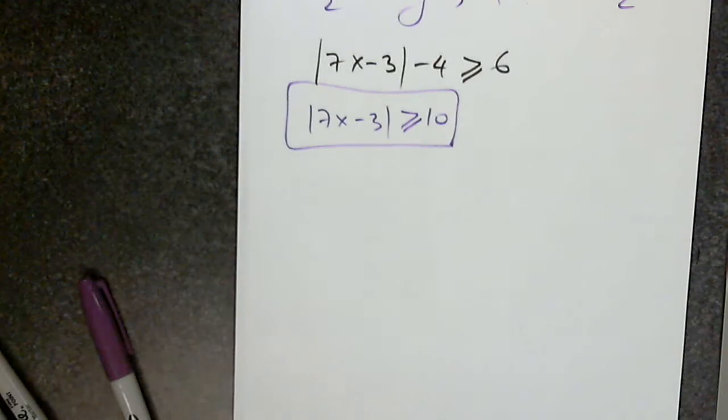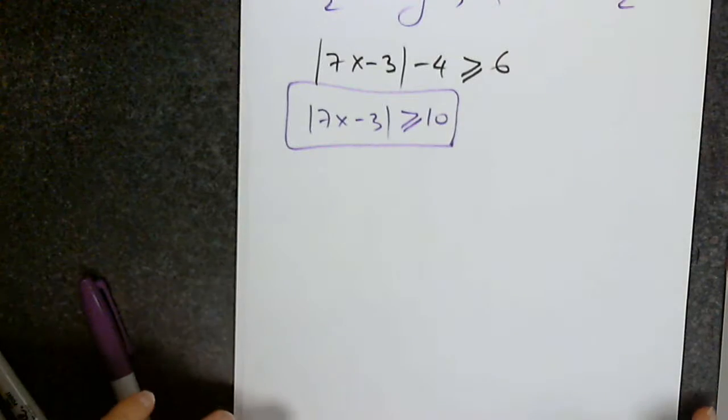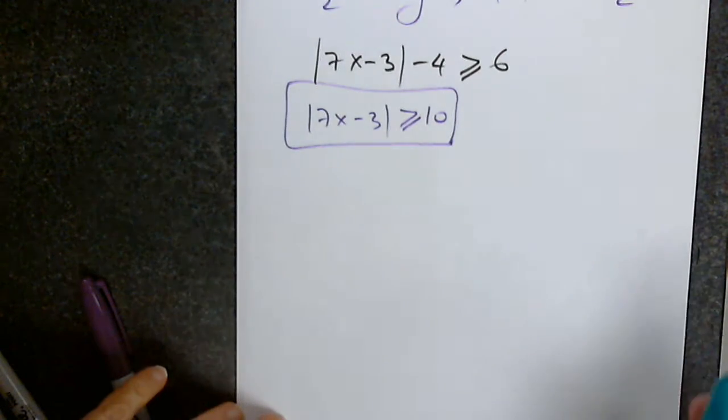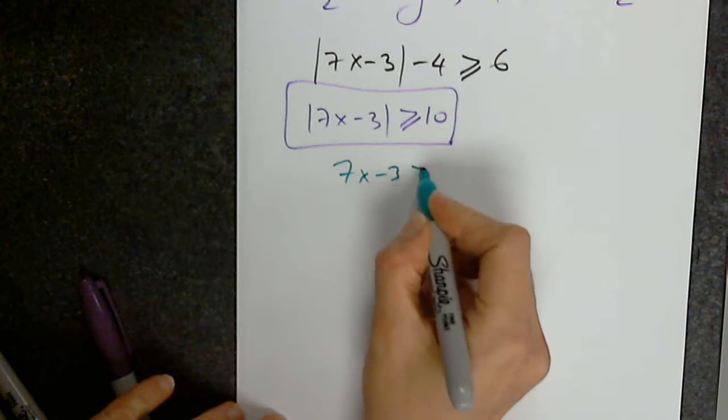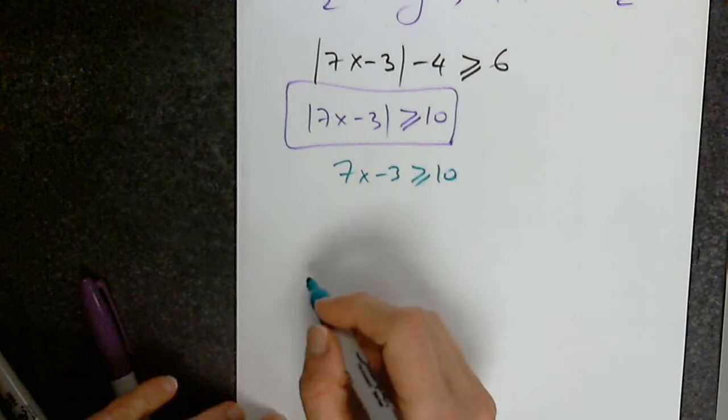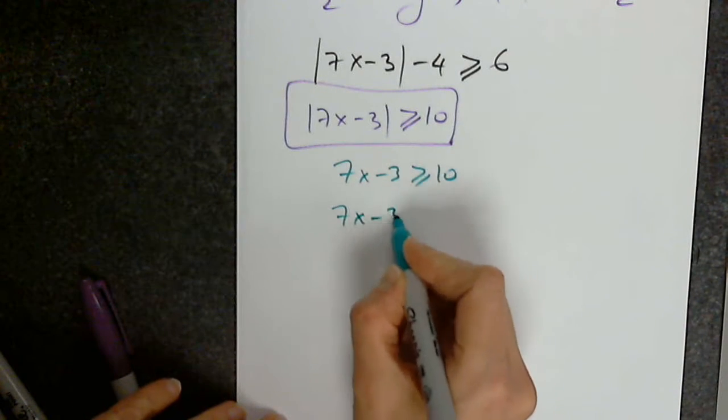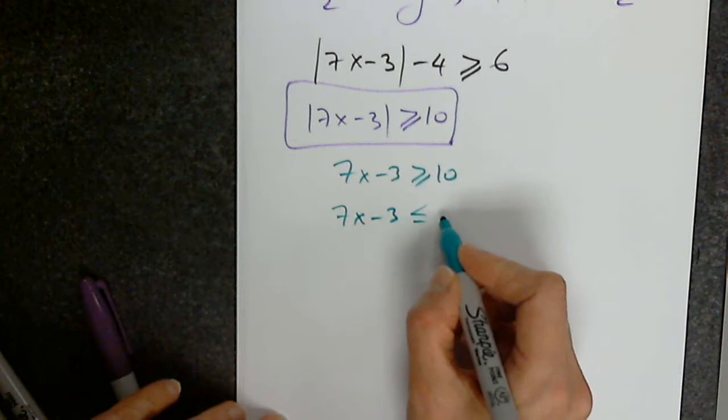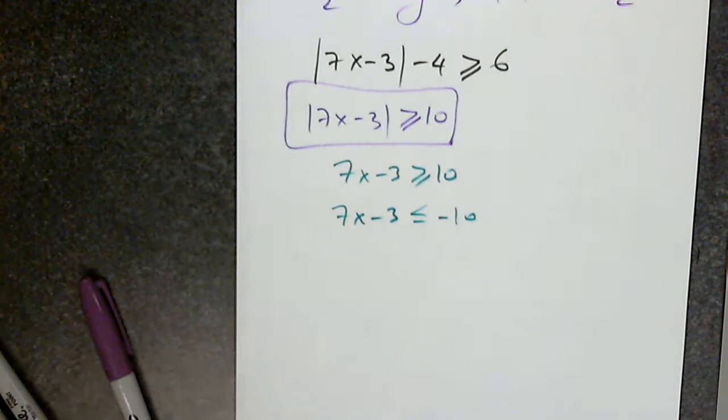It all depends whether it's this or this. 7x minus 3 is greater than or equal to 10, and 7x minus 3 less than or equal to negative 10. Awesome. To the right-hand side of 10 or to the left-hand side of negative 10. Very good.